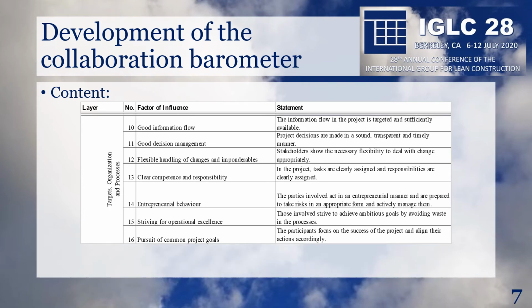The second area comprises the influencing factors that can be summarized under the aspects targets, organization, and processes. The measuring instrument thus provides for division into aspects which, on the one hand, cover the cultural level and, on the other hand, are related to the system of project management and thus cover the organizational level.